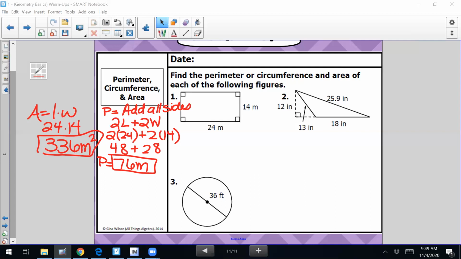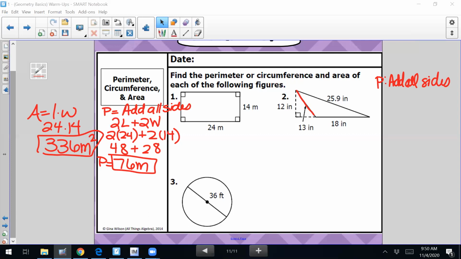Now we are looking at number 2, which is a triangle. How do you find the perimeter of a triangle? Add all sides. If I'm going to add all the sides, this dash right here is not a part of that.